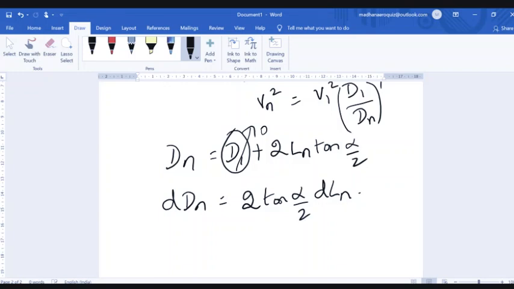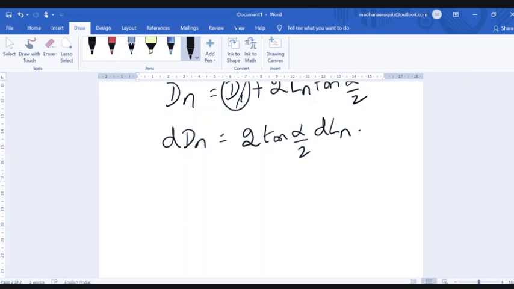So finally we got the equation: dln equals ddn divided by 2 tan alpha by 2.